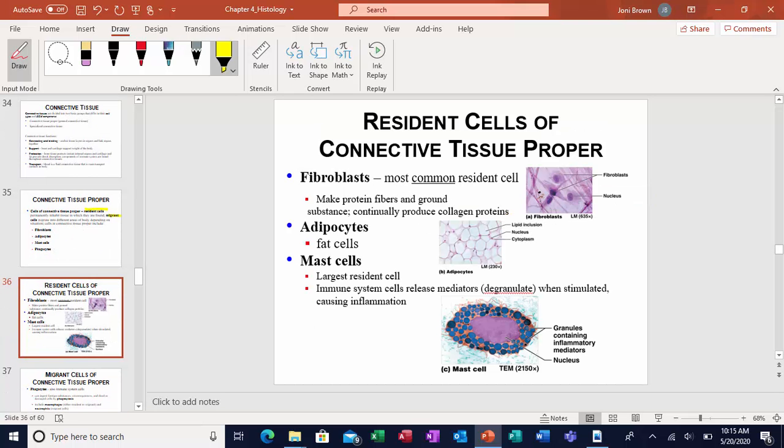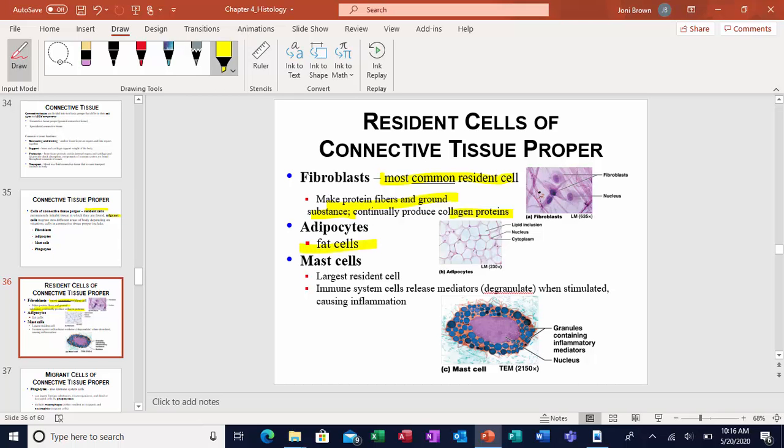Now, the ones that live there, the resident cells. Fibroblast. This is the most common resident cell. And what the fibroblasts do is they make protein fibers and ground substance. They're constantly making these collagen proteins, these fibers, and that's their job, is to make the fibers. Adipocytes, looks kind of like a honeycomb here.